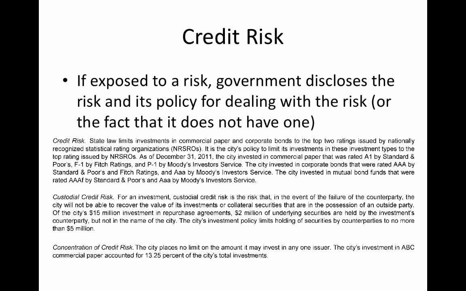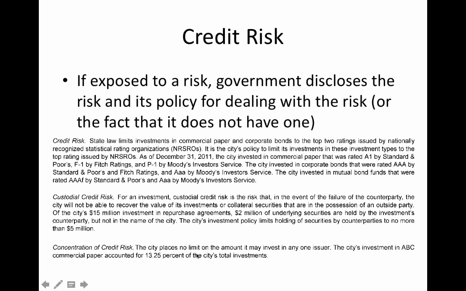So this is an instance in which there is a counterparty or another entity that is holding some of the government's investments, and so the government's policy is to limit how much counterparties can hold to no more than 5 million. This government does have concentration of credit risk. It says here that its investment in this particular commercial paper equals more than 13% of its total investments. It also says here that it doesn't have a policy for dealing with concentration of credit risk.